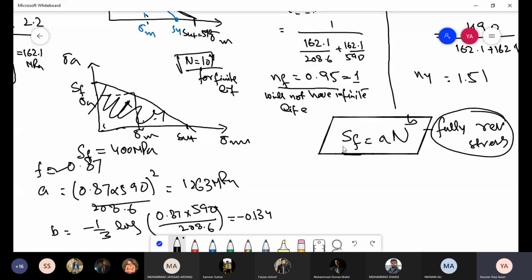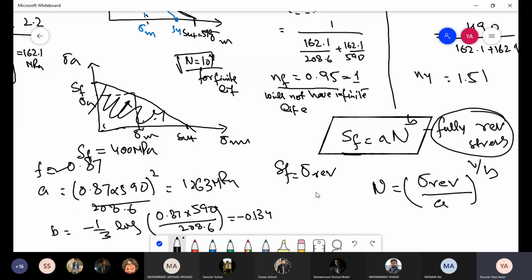So now we can apply this equation for the case of fully reversible stress. So SF can be the fully reversible stress because the value of SF we have found on this y line, okay, where sigma M is equal to 0. Okay.